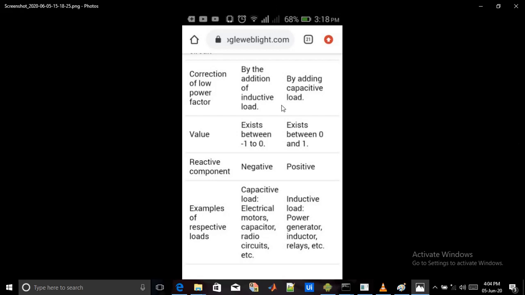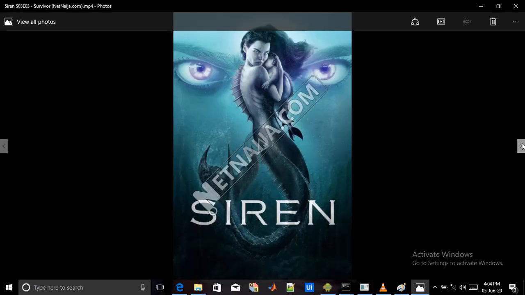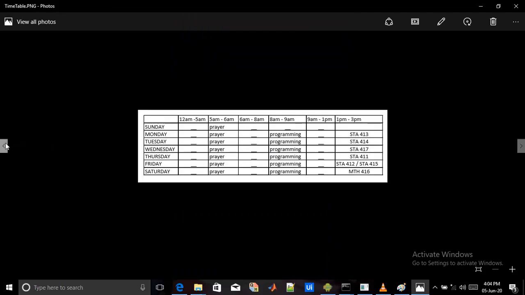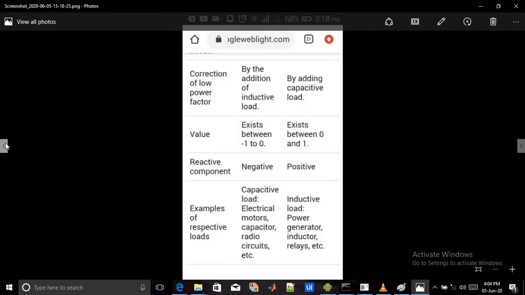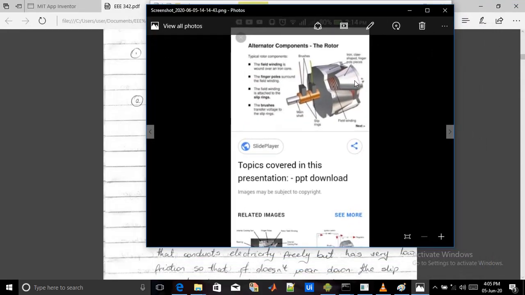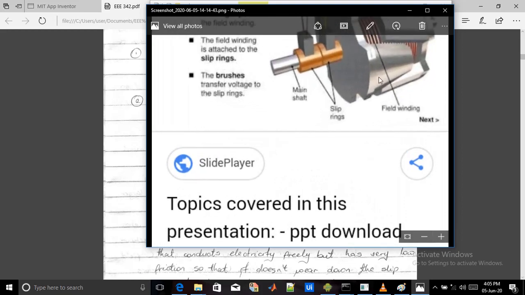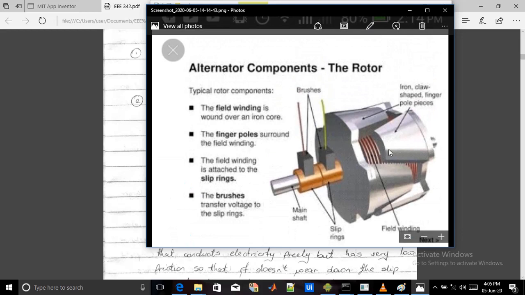Okay, this is the picture. Let me zoom it.